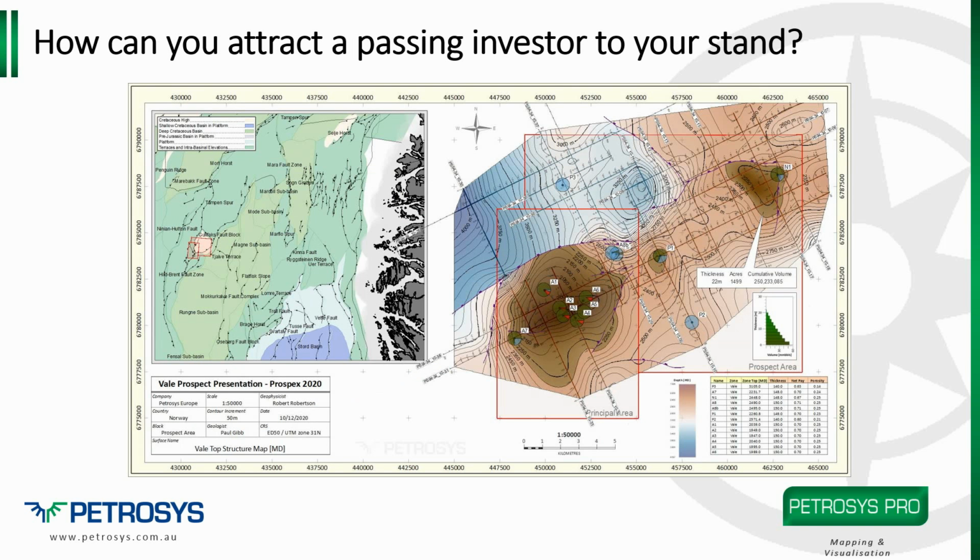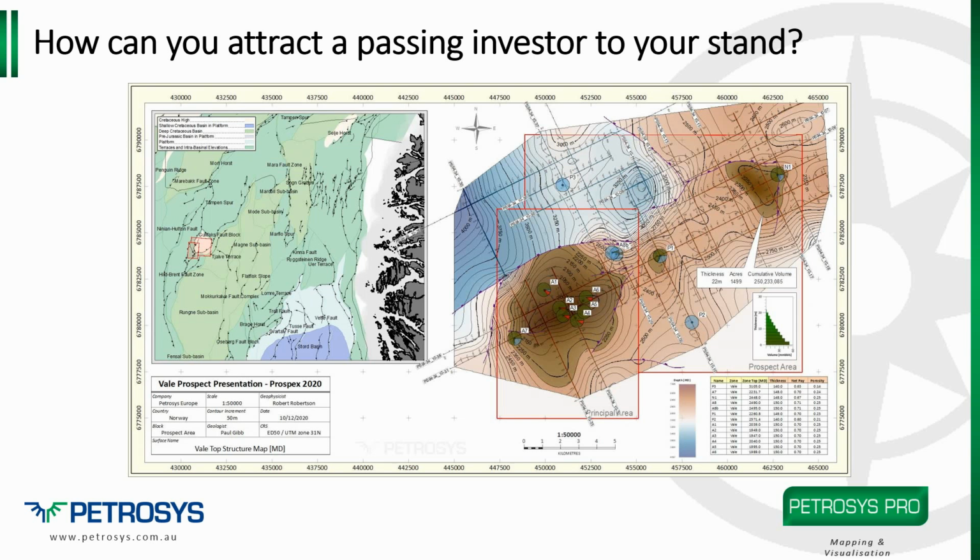So let's start with how you can attract a passing investor to your stand. The primary option to advertise your prospect from afar would be the poster. This would potentially be the largest map that could be prepared, a map which includes sufficient data for you to present your prospect.